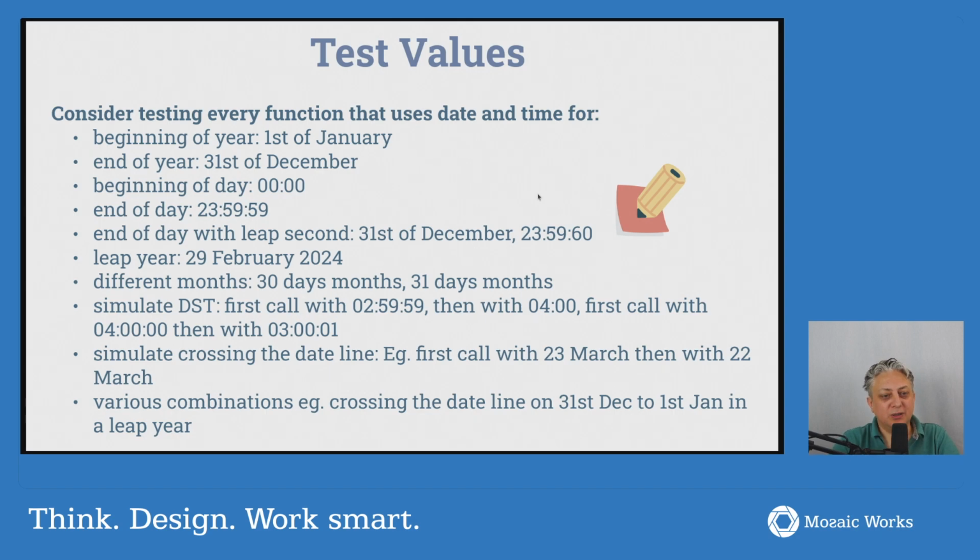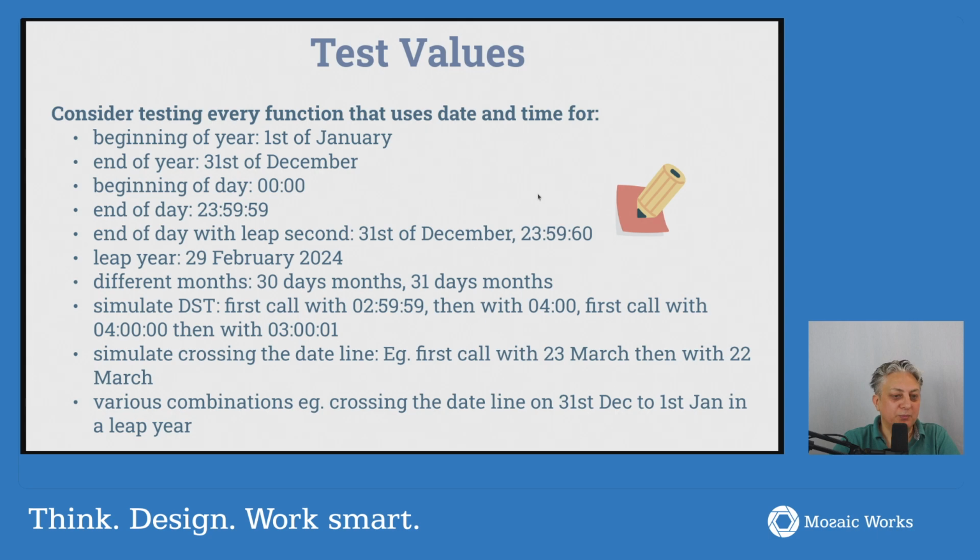Well, this is what I would recommend. If you write your code, as we discussed, with the ability to inject the date time either as a value or as a stub, then you can write automated unit tests that check your algorithms for various things.